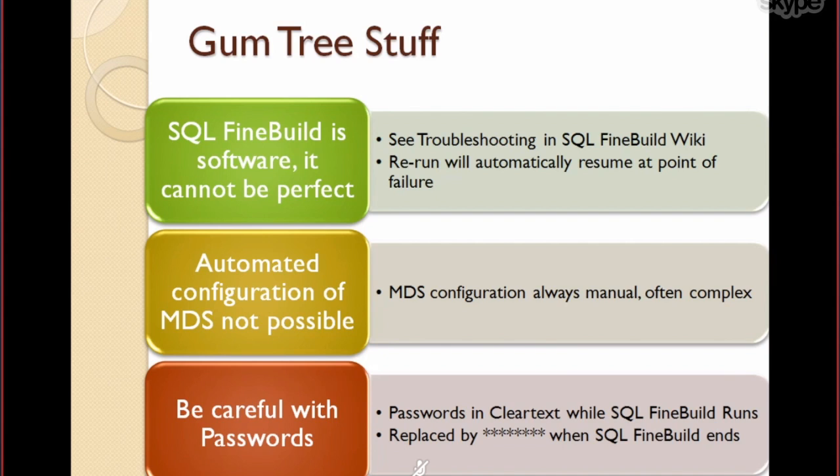So to skip over a process, look at the last letter of the process ID and use the next highest letter in the alphabet, and that will cause it to skip over the process that failed.